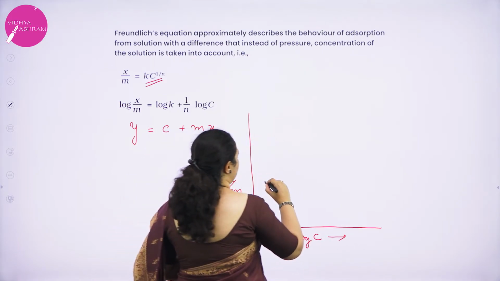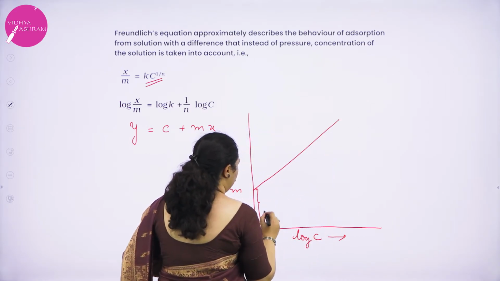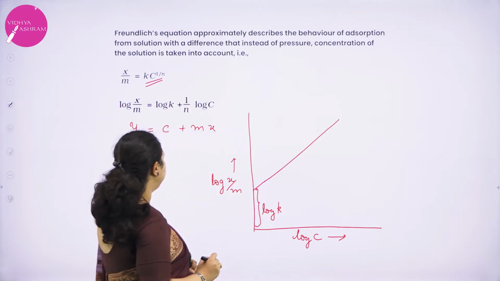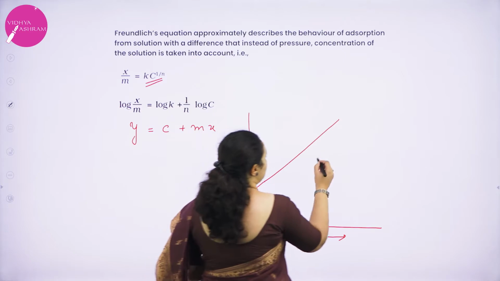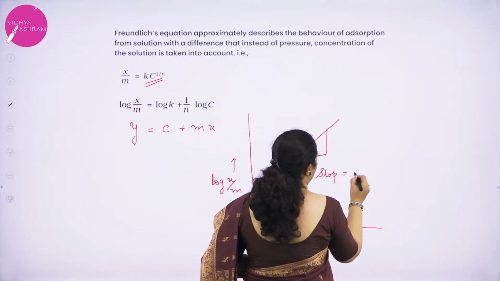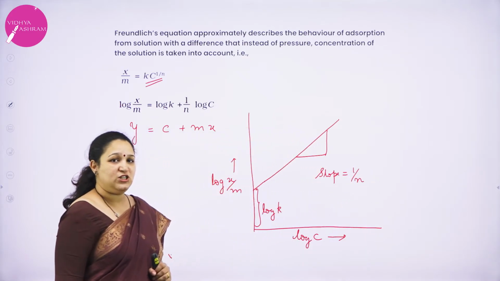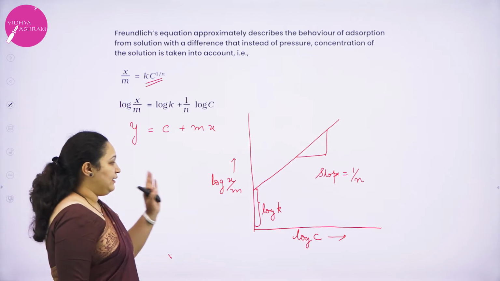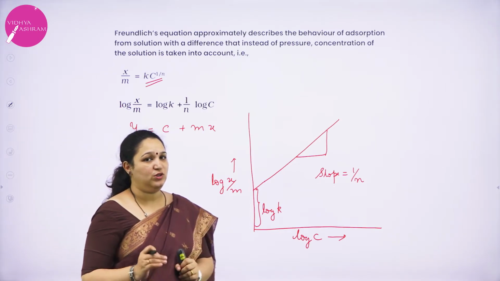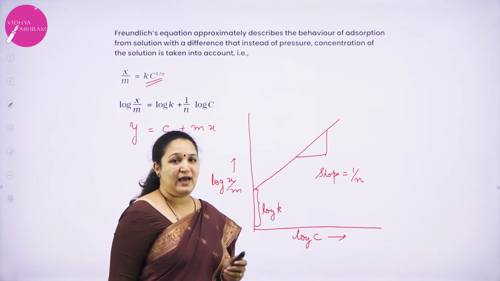I should be getting a straight line in which the intercept will be equal to log K and the slope will be equal to 1/n. So the Freundlich isotherm you can apply here to adsorption in the solution phase. I hope you have understood about the isotherms.